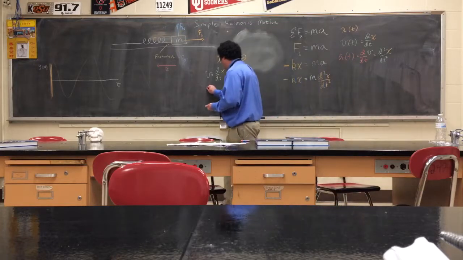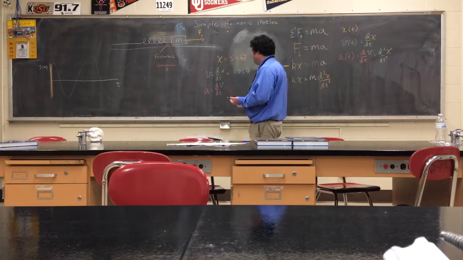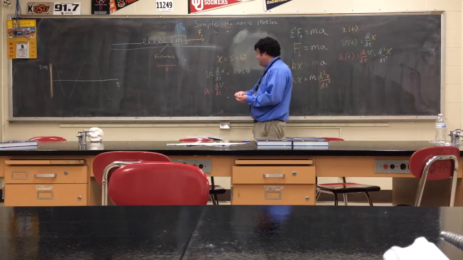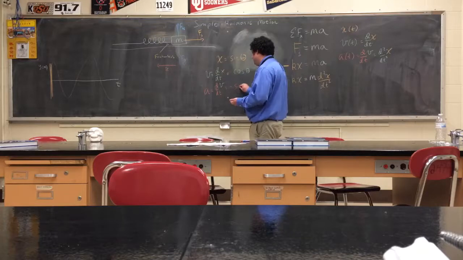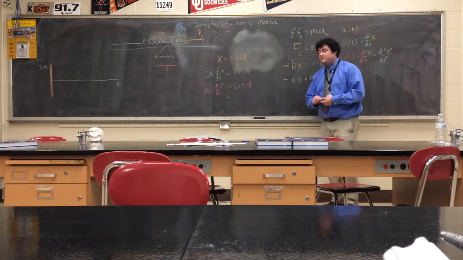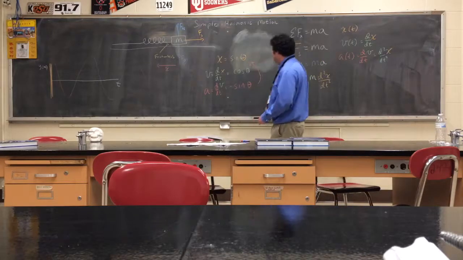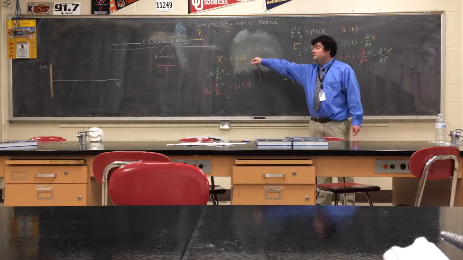And if you have a, which is dv dt, we know that the derivative of cosine is negative sine. Guess what? It's directly proportional to our position.